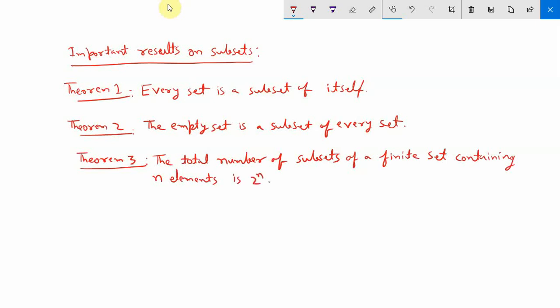Okay, so how can we prove this? So we will prove this.